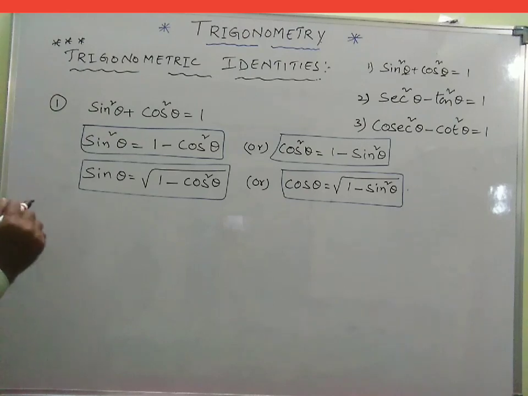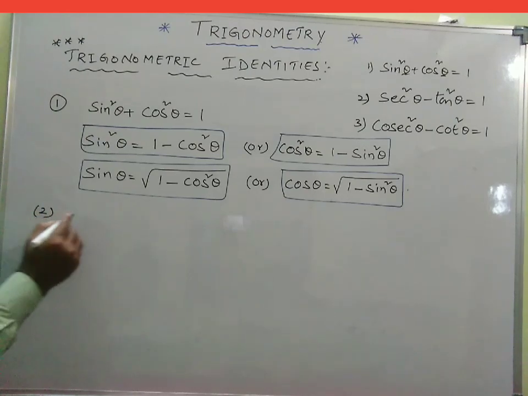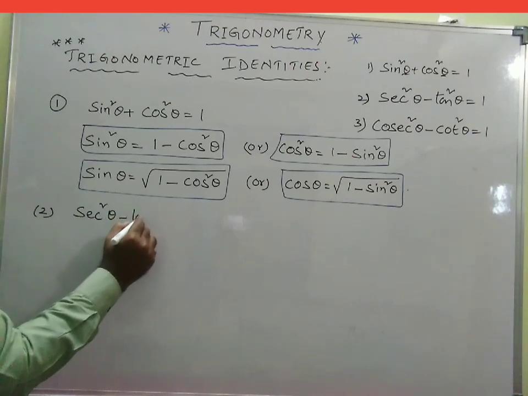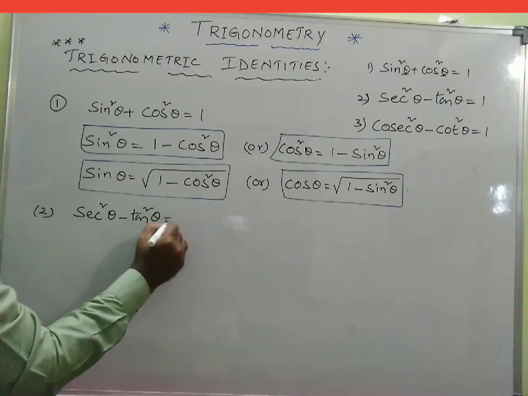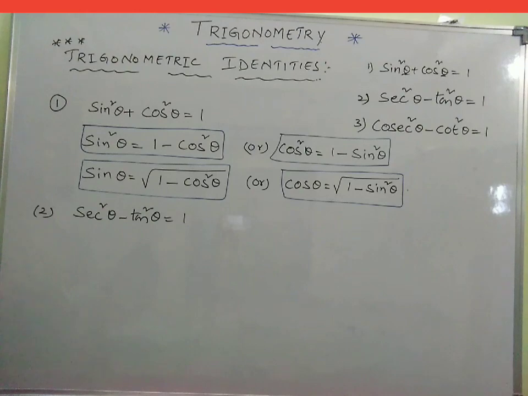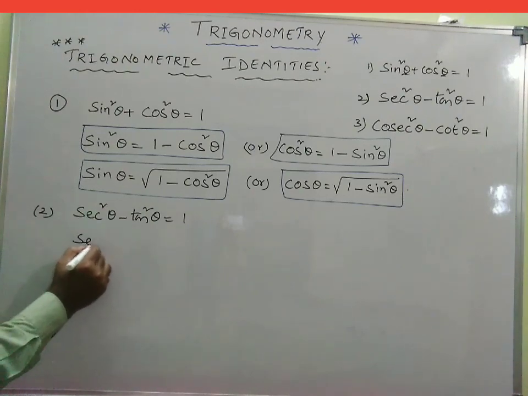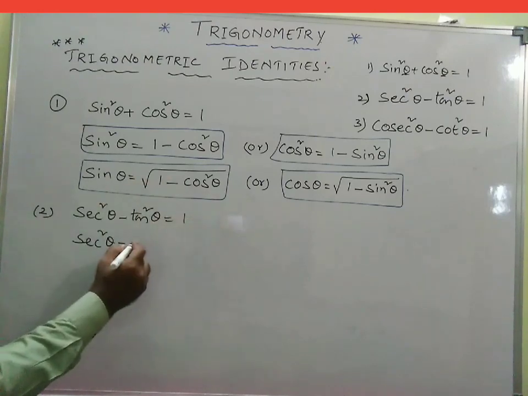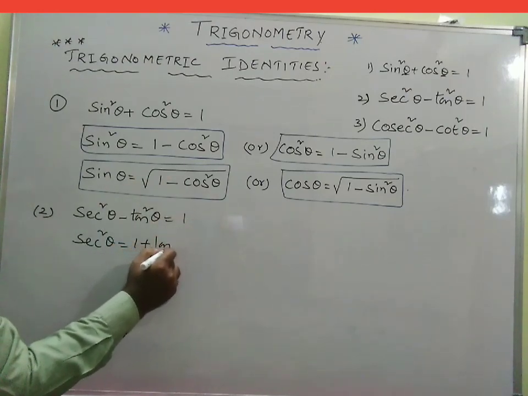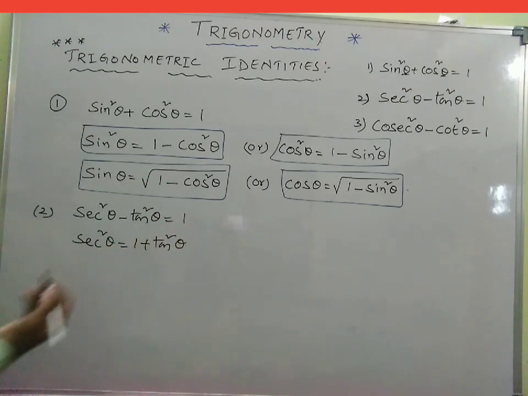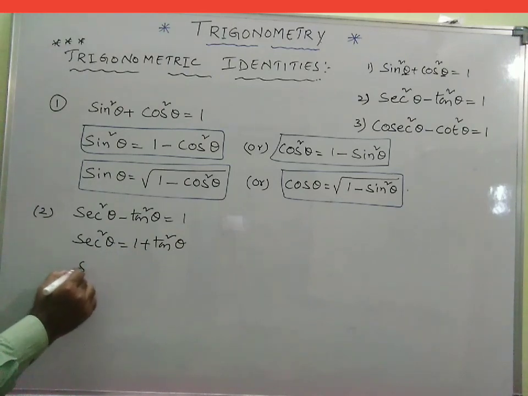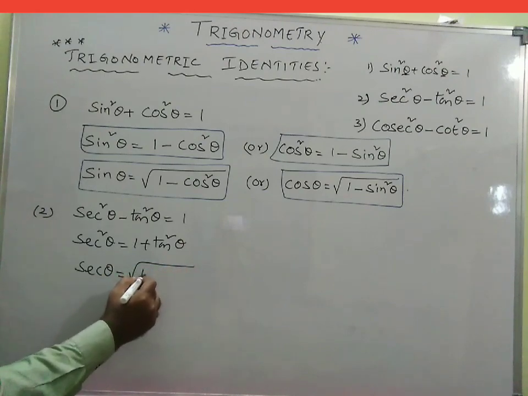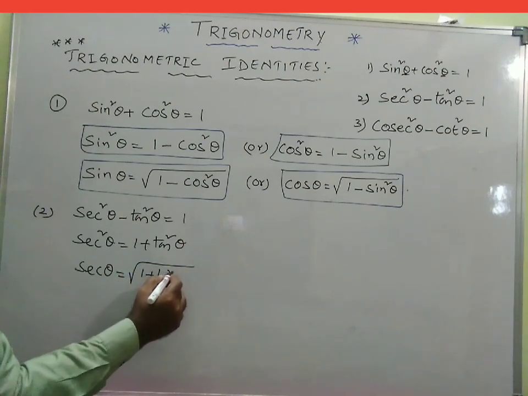Similarly, coming to the second identity, which is secant square theta minus tan square theta is equal to 1. From this, secant square theta is equal to, if you send the minus tan square, then it becomes 1 plus tan square theta. And secant theta is equal to square root of 1 plus tan square theta.